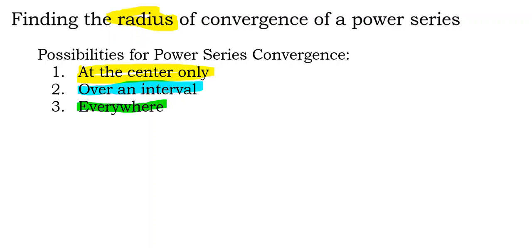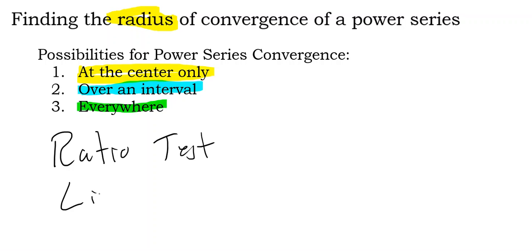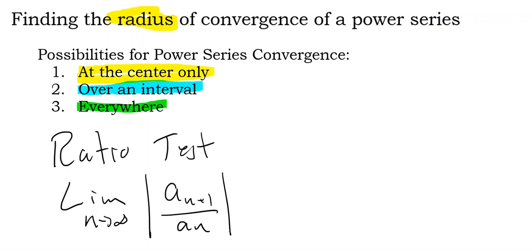To determine the radius of convergence, we're going to use the ratio test. And so remember that the ratio test means that we're going to be finding a limit. We want to find the limit as n approaches infinity of the absolute value of a sub n plus 1 divided by a sub n, and we let this be equal to p.